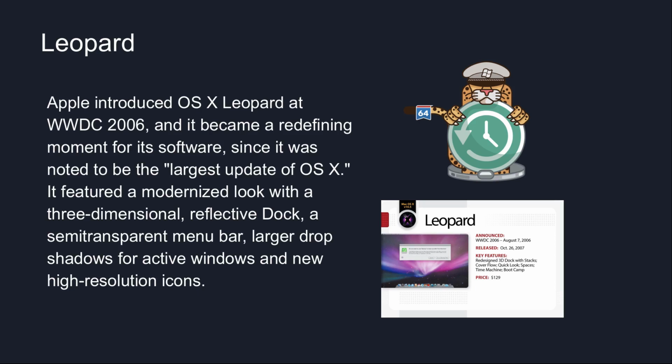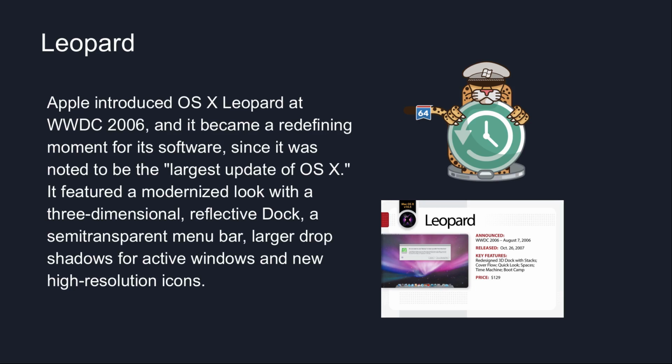10.5 included Stacks, a grouping of features that display files in a fan or grid style in folders on the dock. An updated Finder that incorporates the Cover Flow visual navigation interface as first seen in iTunes, iPhone, and the iPod Touch.